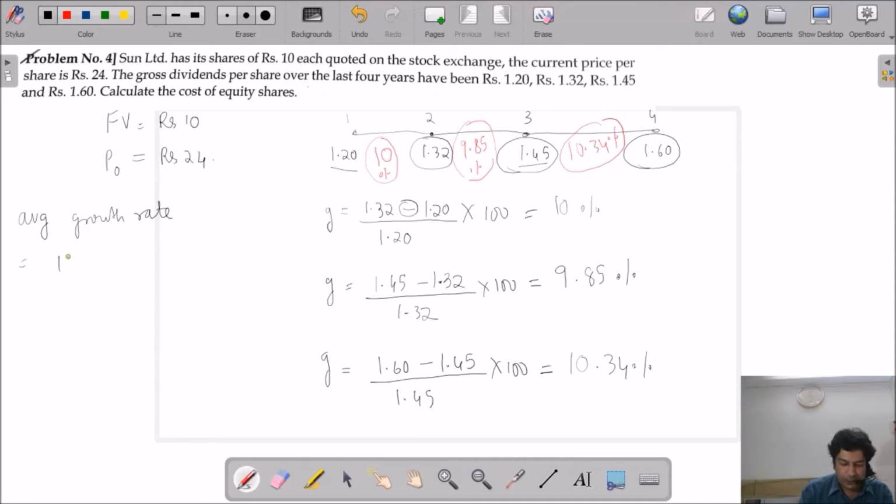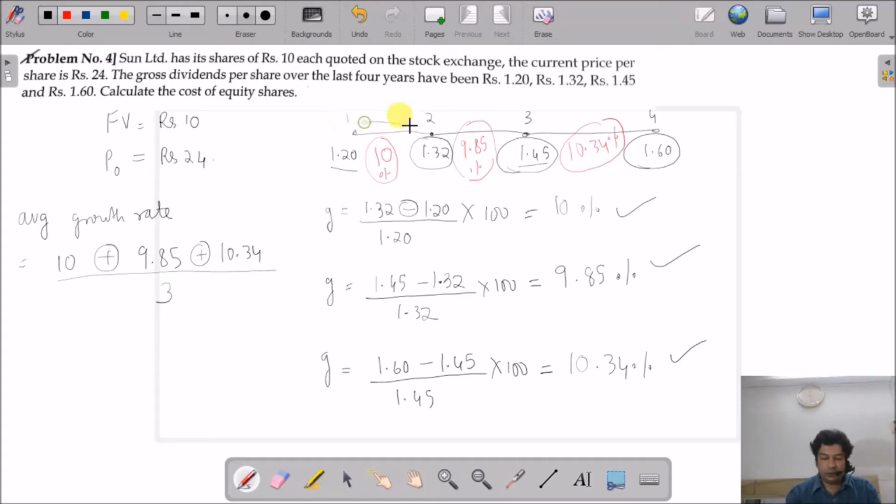So it will be 10% plus 9.85 plus 10.34, and here we are going to divide by 3, because this is the growth rate of first, second and third. So we are having 3 parts. The growth rate is divided into 3 parts. So 10 plus 9.85 plus 10.34, I will divide by 3.